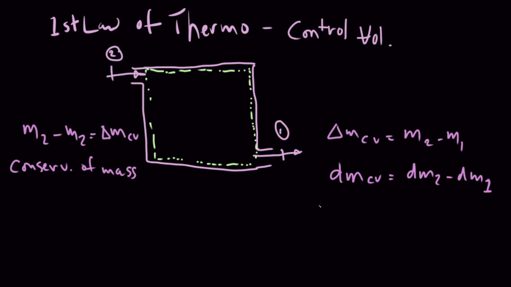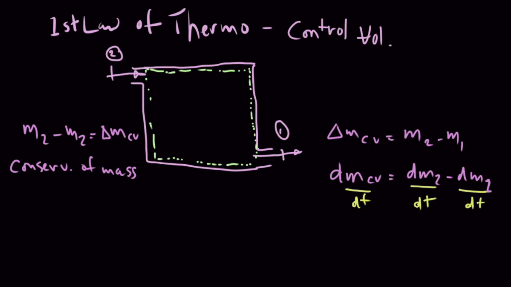In rate form, we would then just divide by time across the board. So we just say dt, dt, and dt. This now turns it into a rate form equation, where the dt is the infinitesimal time lapse.